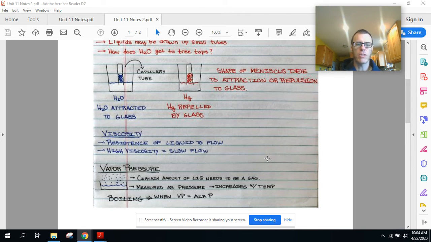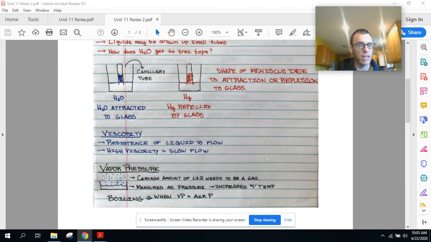Now, vapor pressure, this is actually super important. If you have a bowl of water or any liquid, some of those particles need to be in the gas phase above that liquid, and there's a threshold pressure that has to be there. This is why things evaporate. A question that I would ask you guys in class is what's the difference between evaporation and boiling?